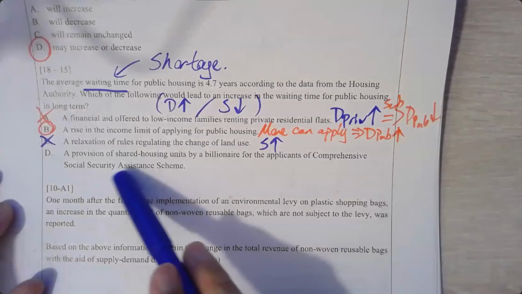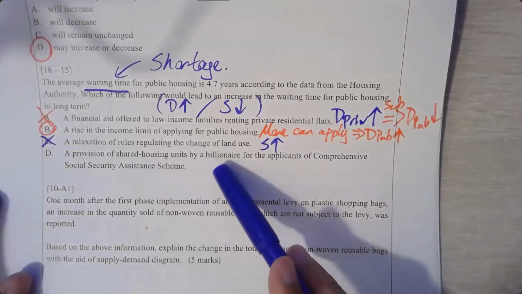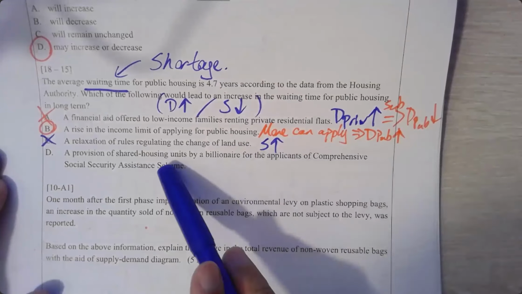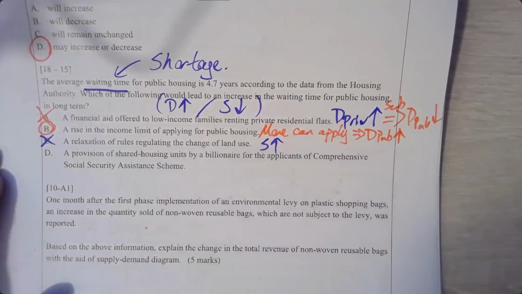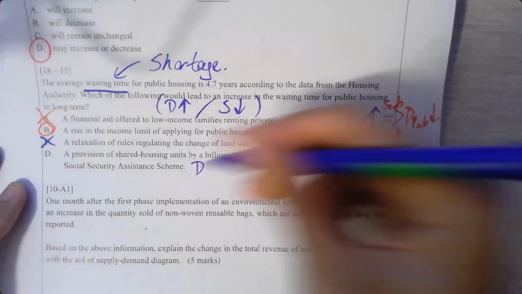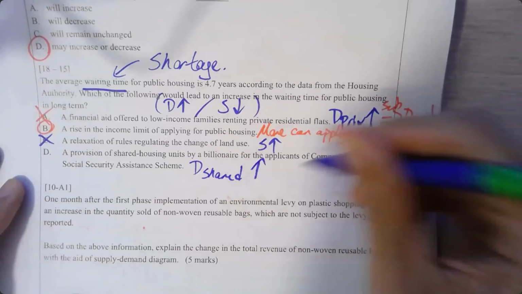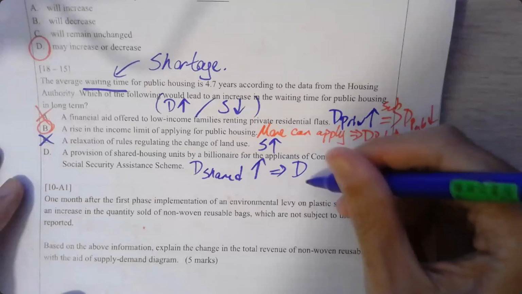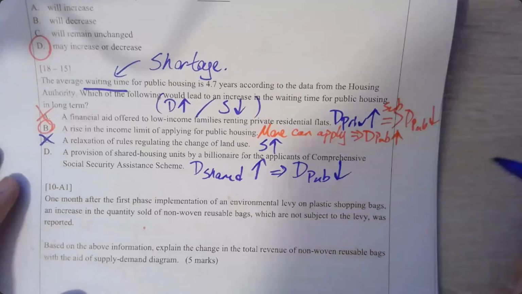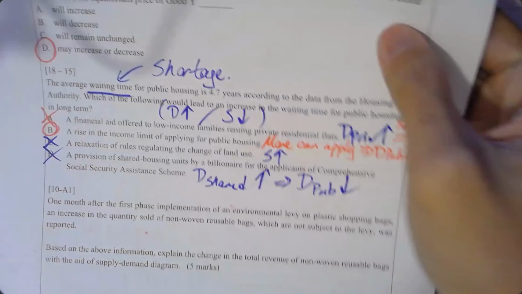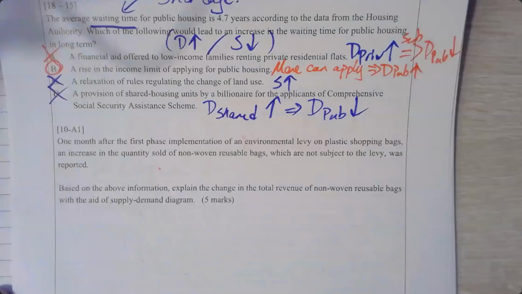And finally, provision of shared housing unit by applicants. Now there are more shared housing units, so people go there. Demand for shared housing increases, therefore demand for public housing decreases, not the answer we want. Yes, B is correct. OK, so Sir is still OK.